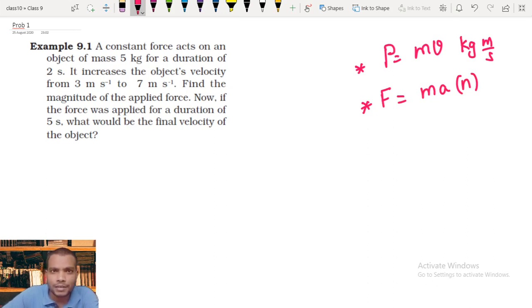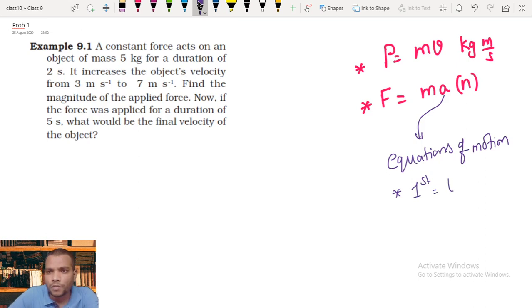And to find the acceleration, we may use equations of motion from the earlier chapter. We know three equations of motion. For the first equation of motion, v equals u plus at. For the second, s equals ut plus half at square.